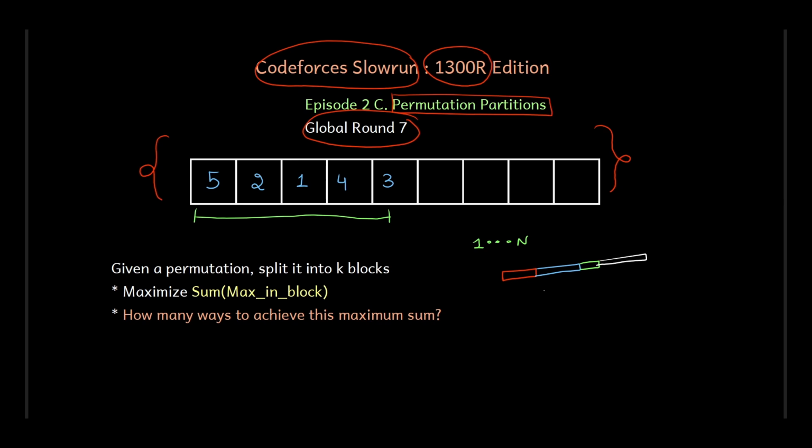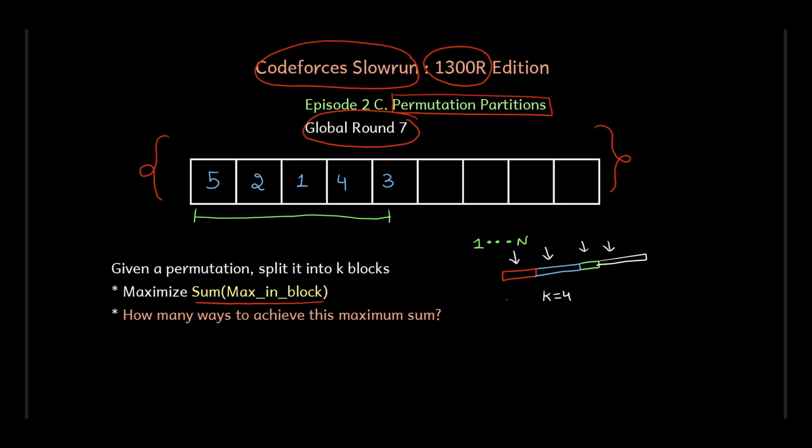So for example, if k is equal to 4, then you have to create these 4 blocks, and there could be multiple ways to create 4 blocks. You have to create the blocks in such a way that you maximize this quantity, which is the sum of the values in the block.